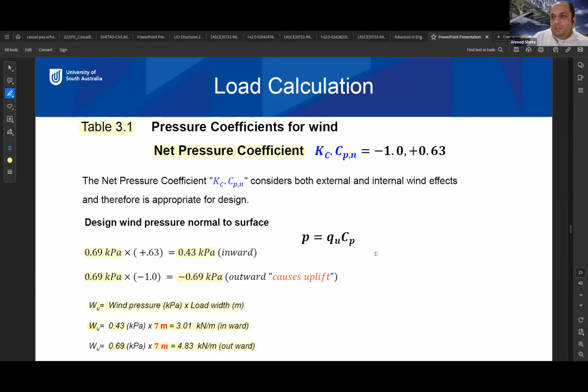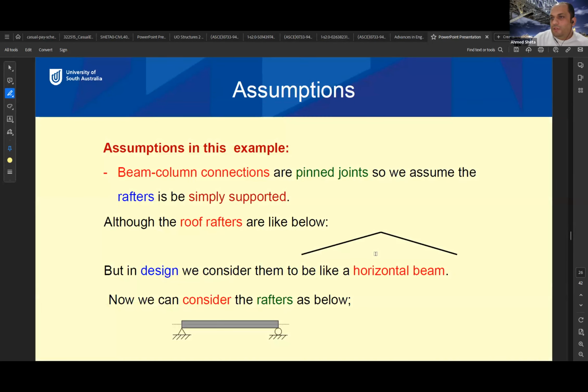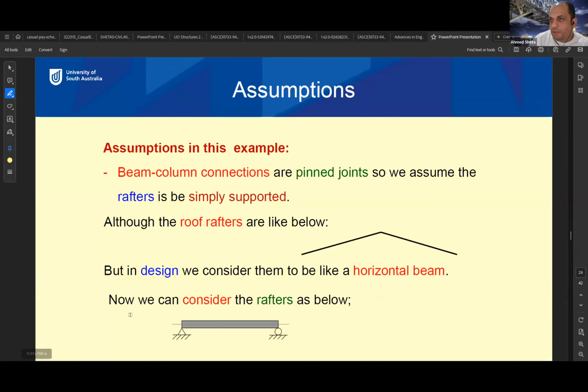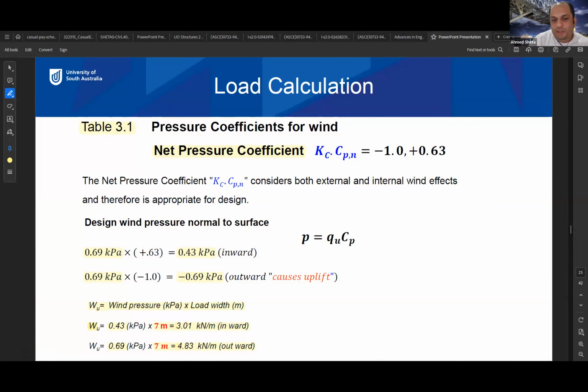Do you have any problem with the load calculation? Because that's all for the load calculation. No? I just have something to explain to you before proceeding.